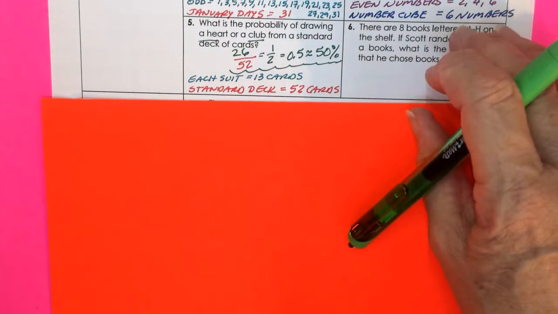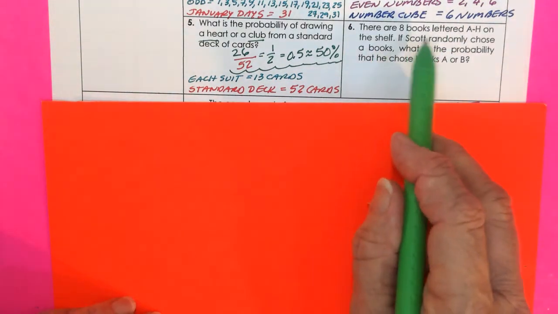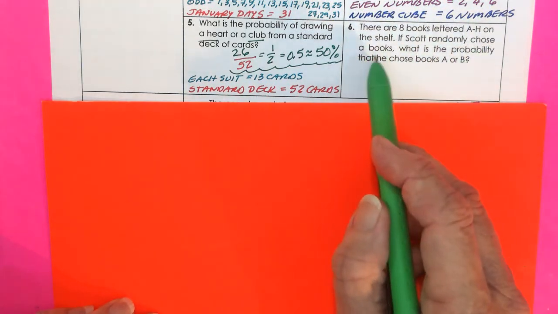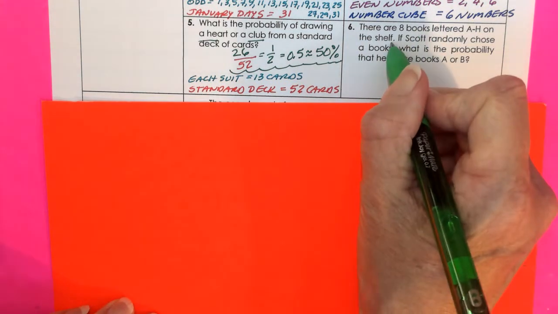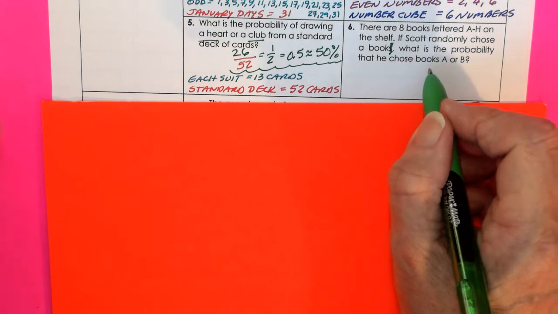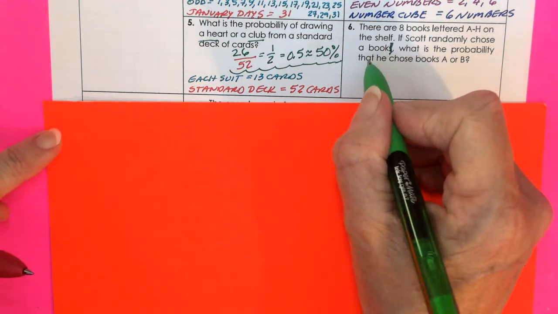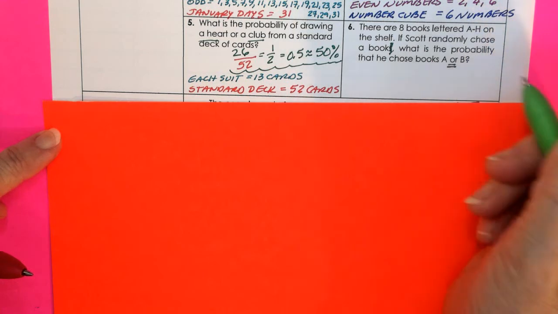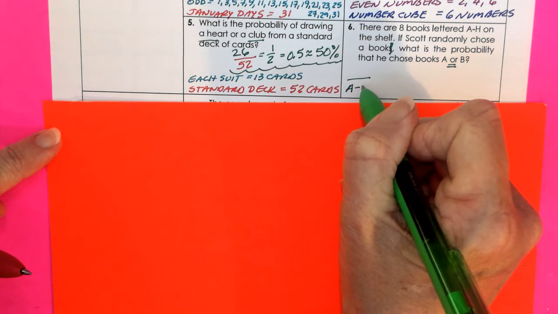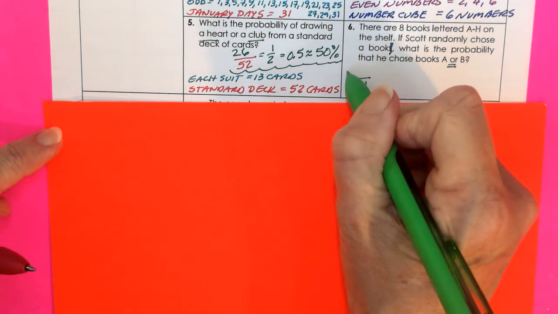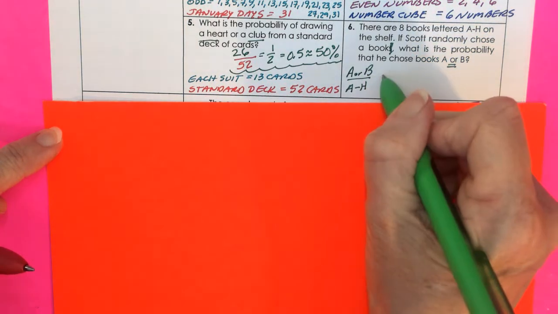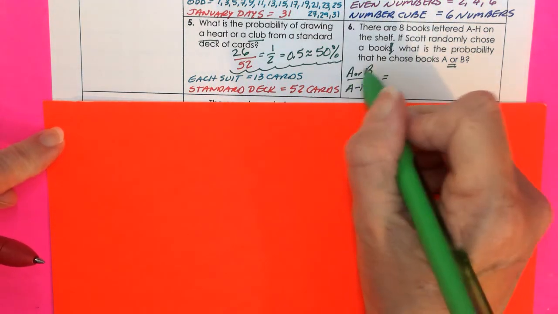So then we have a sample here. It says there's 8 books lettered A through H on the shelf. If Scott randomly chose a book, looks like we have a little typo here, what is the probability that he chooses books A or B? So A or B. Okay, so A is one choice, B is another.